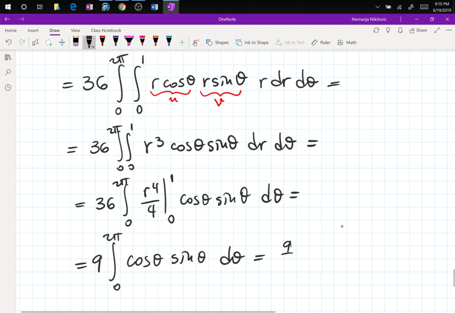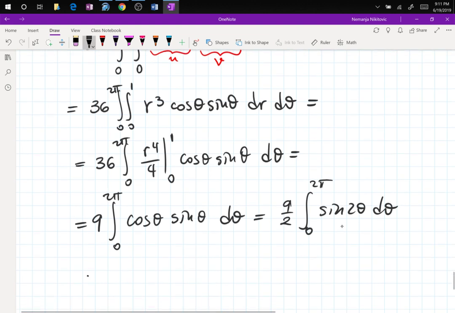So this becomes 9/2 integral of sine 2 theta, because that one we don't have to use U-sub to solve. I said boss way, right? So 9/2 sine 2 theta, the integral of sine is negative cosine 2 theta over 2, computed from 0 to 2 pi. So that's negative 9 over 2, negative 9 over 4, sorry.